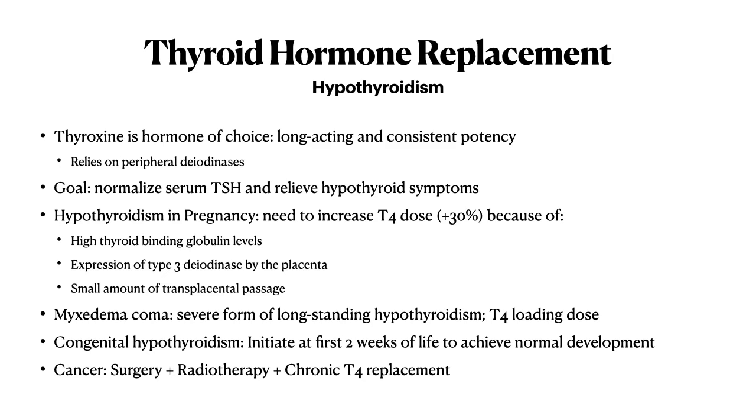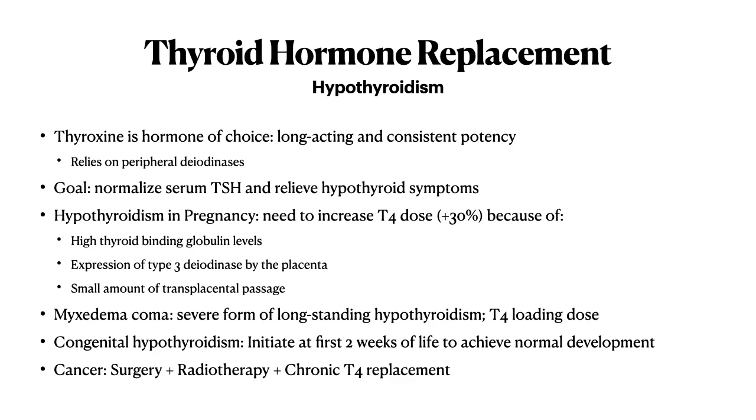Next, the placenta, which is the communication of the mother's circulation with the baby's circulation, expresses type 3 deiodinase. So what does that mean? If at baseline, you are giving a hypothyroid mother T4, if that mother becomes pregnant and there is already the presence of the placenta, you need to increase the thyroid hormone of that mother because the thyroid hormone that is in the blood of the mother will not be able to reach the fetus because it is destroyed by the placenta.